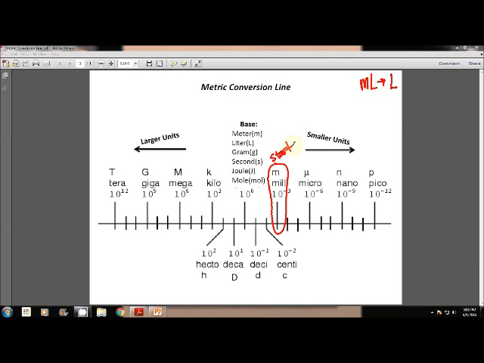There's no prefix in front, it's just one letter. So that means that we're stopping when we hit base. Okay, so we're starting at milli and we're going to base. So let's count how many times we have to move until we get to base. We have 1, 2, 3 times that we've got to move. So back on our note packet, we are moving.